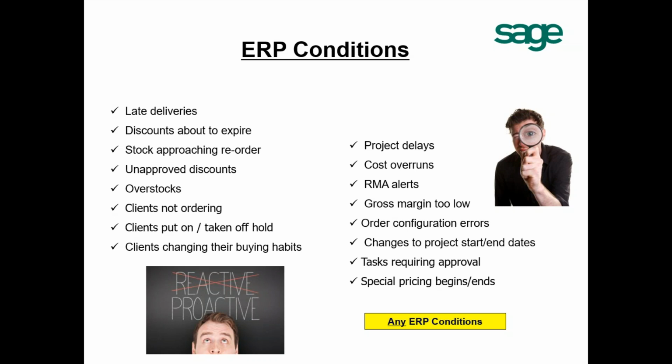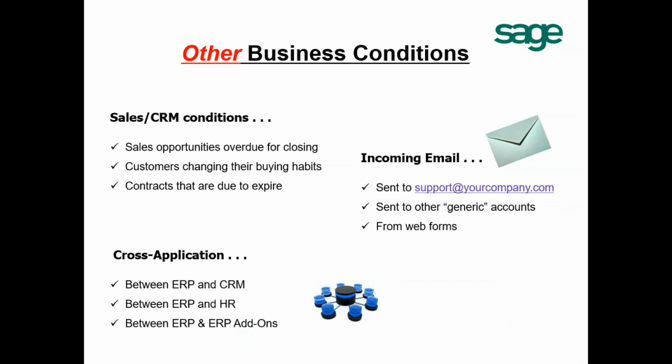And since we are talking Sage 100 here, I do want to mention that out of the box, Alerts and Workflow ships with over 85 pre-configured business conditions, such as the ones you see on the current slide. And although we're going to focus on Sage 100 and Sage ERP solutions specifically today, it's worth mentioning that if you're going to go this data-driven route, you should really look at going that route enterprise-wide.